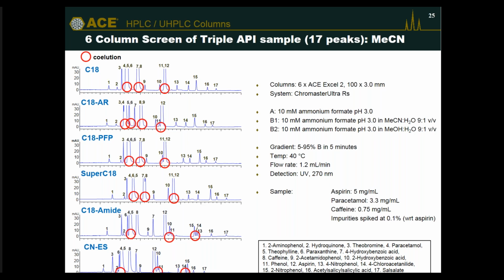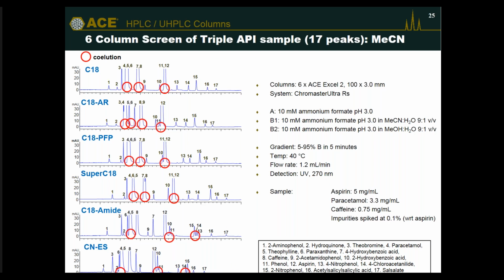So we have here 6 column chemistries screened using a standard approach, and these are the data from each of the chemistries. You can see this is using acetonitrile as the organic solvent. We've got coelution across all different column chemistries. So not like the more simple first example where we had separation options with some of the common chemistries.